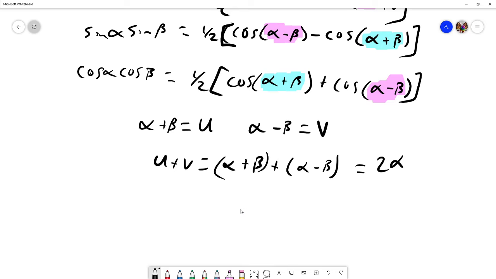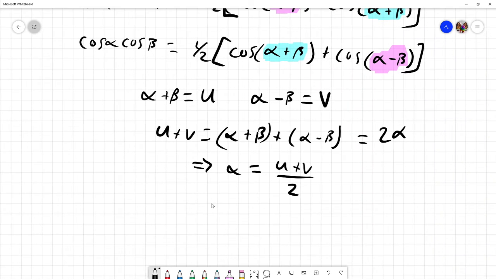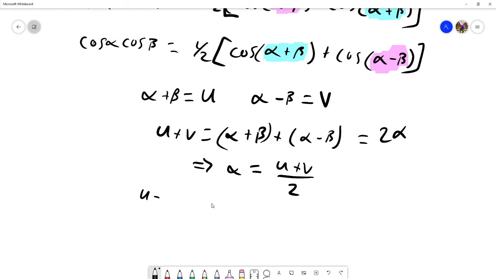In other words, this is telling you that alpha is equal to u plus v over 2. And we can do the same work with u minus v, and you would find that beta is equal to u minus v over 2. Okay.